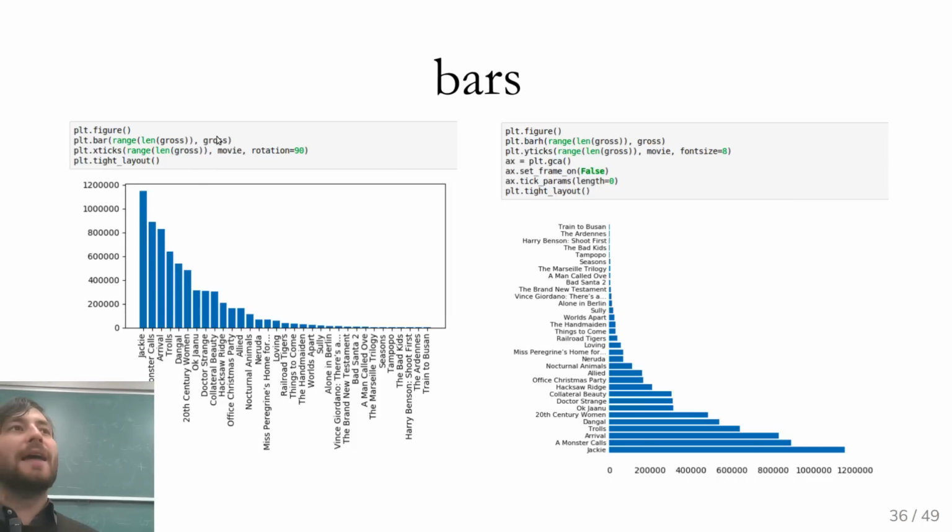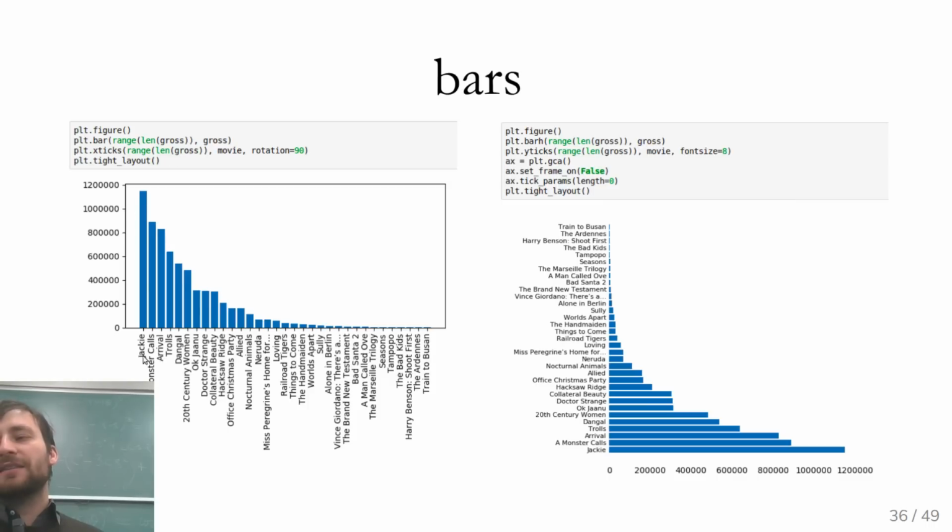If you use pandas, you can just do pandas bar, and it does it for you, and it also does the labeling for you. Here I do the labeling manually with xticks, where again I give it a position on the x-axis and then the name. And I also tell it to rotate. I think in pandas, by default, it's rotated to 90 degrees, which makes sense.